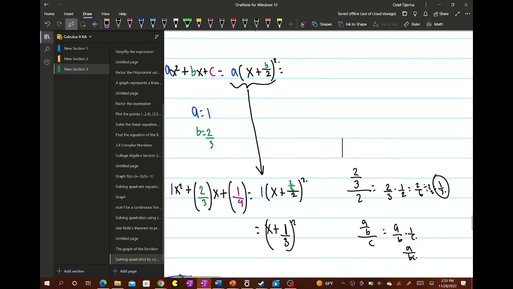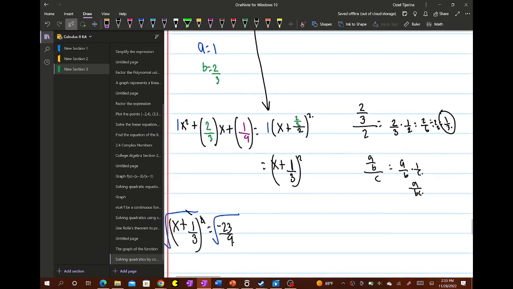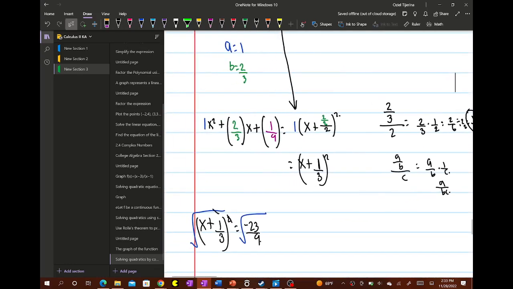So then I went ahead and simplified this part, 2/3 over 2. I did it over here, and I got 1/3 after simplifying the fraction, right? So then I got x plus 1 over 3 quantity squared, right?